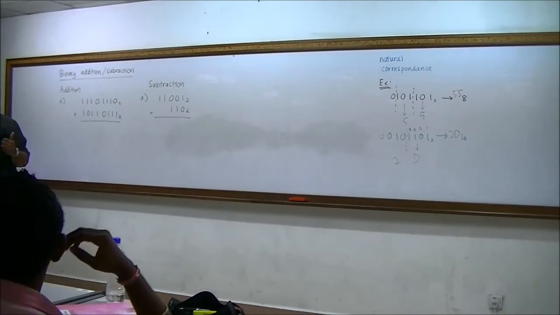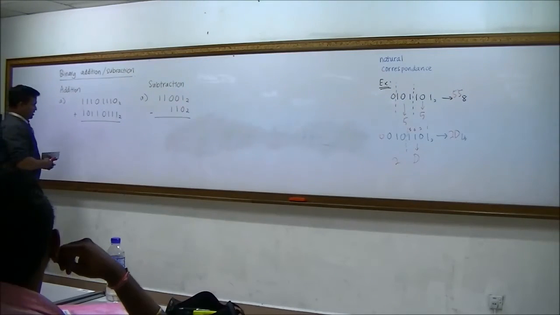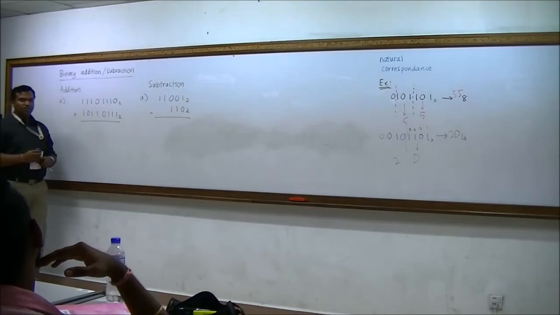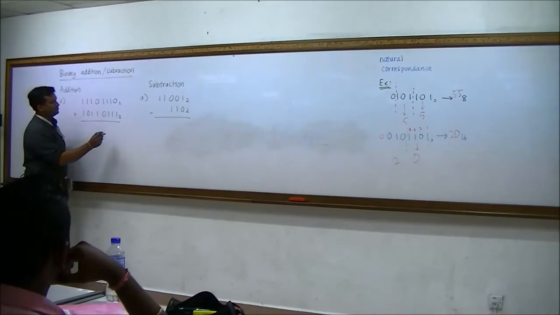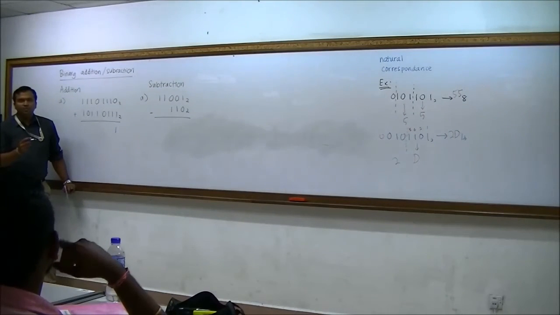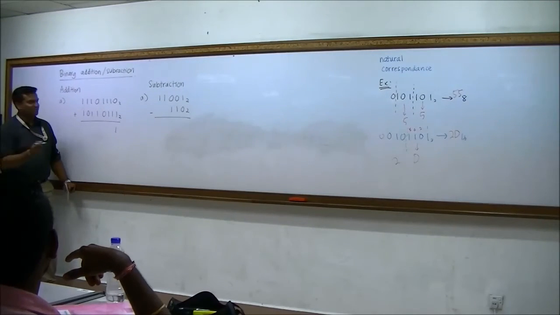Next we're going to see how to perform binary addition and subtraction. This is just a recap, so we're going to go very fast. We have the binary addition here. Help me to perform this addition. 0 plus 1? 1 plus 1? What is 1 0 actually? 1 0 is actually 2, right?